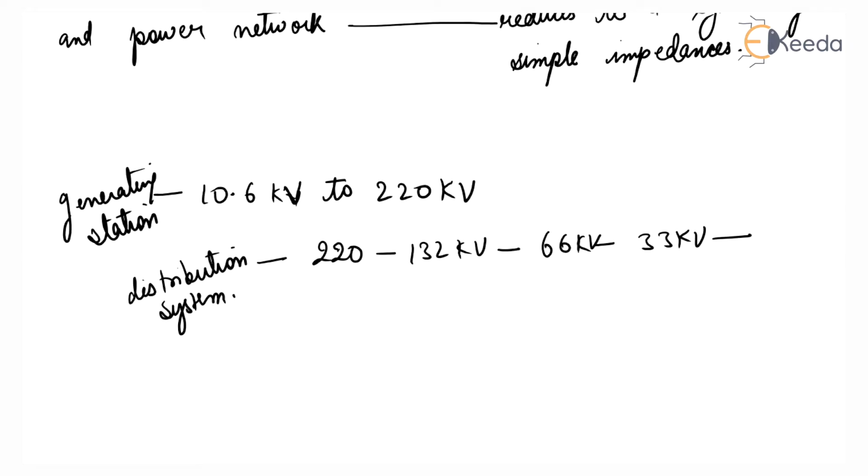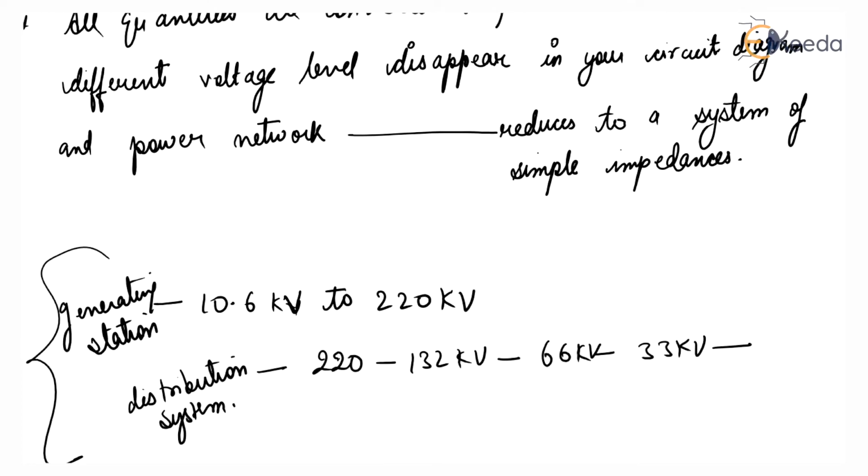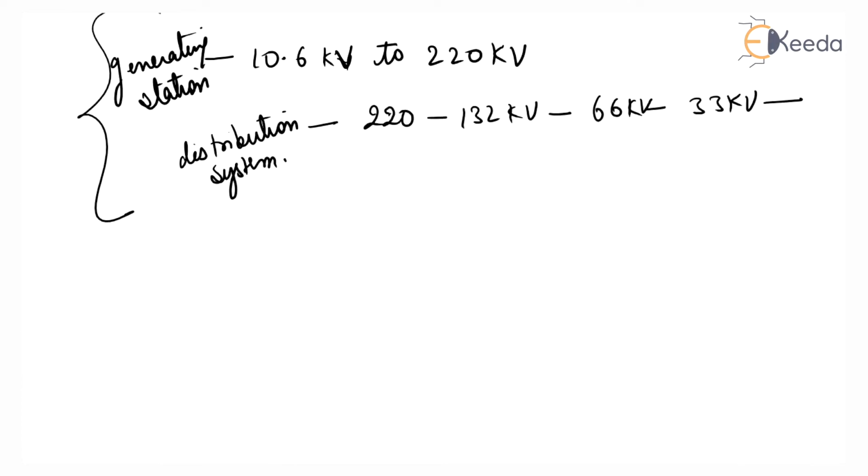So instead of mentioning all the voltage levels, if you choose an appropriate base at all the voltages, it will be transformed. Then the different voltage levels will disappear from your circuit diagram. This is the main advantage of the per unit system.